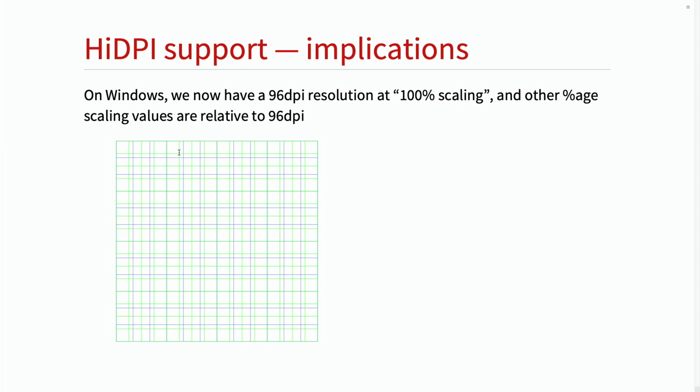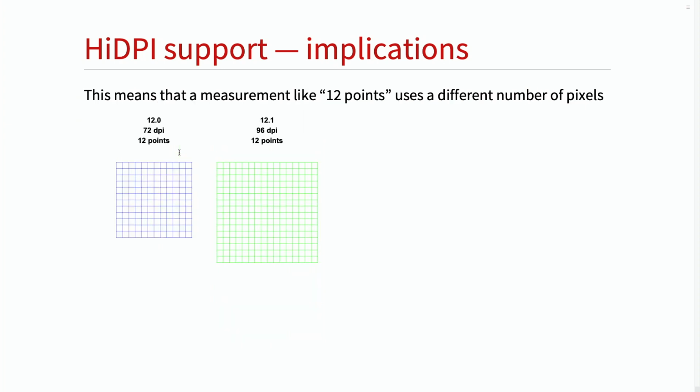And one of the things that we've been thinking a lot about is the greatest common factor of a bunch of these numbers because they keep coming up for us. So this means then that if we look at our 12-point grid with all the pixels the same size, on 96 DPI the 12-point grid is physically larger here on the monitor.